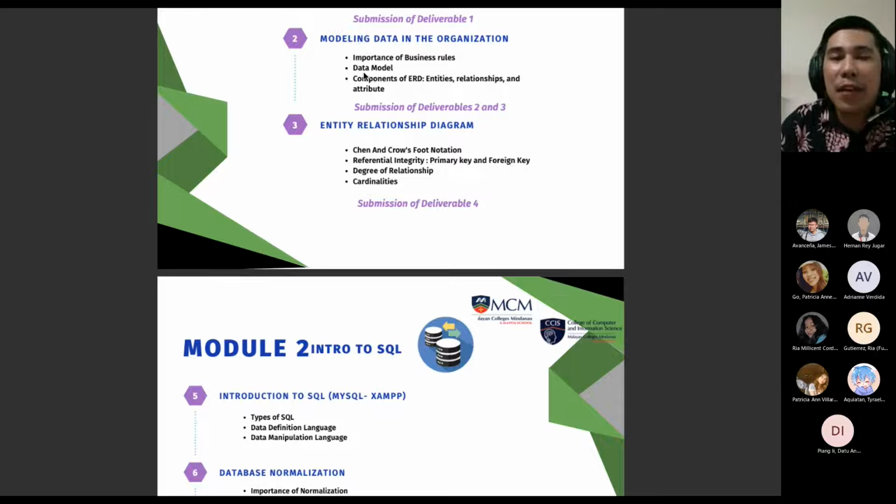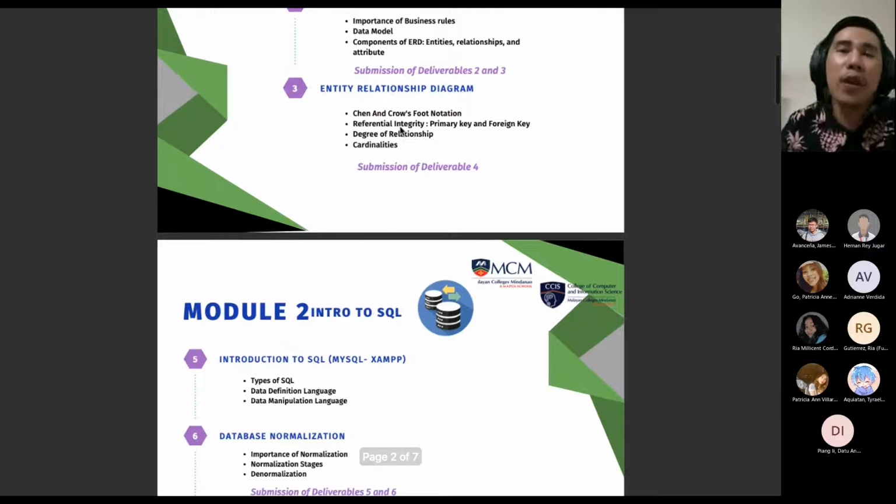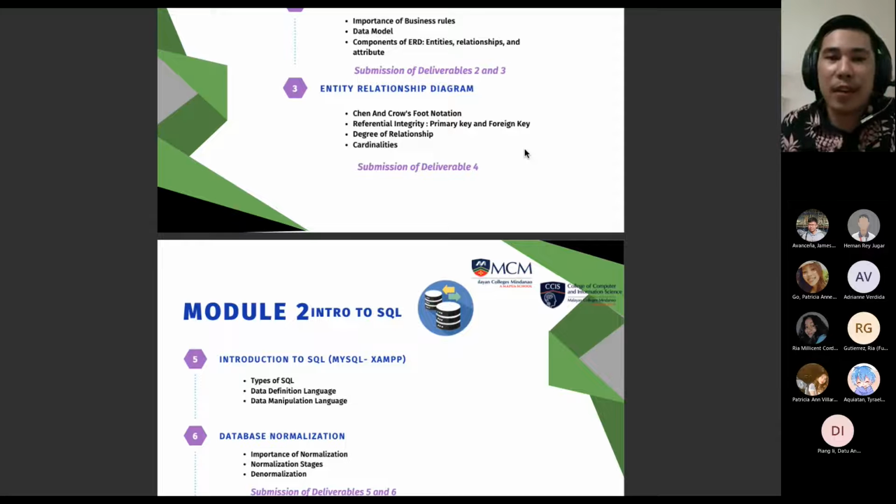After creating data models, that's the time we convert it from the conceptual level to the logical level. You are now going to convert it into an ERD, or entity relationship diagram. We are going to discuss relational databases here.